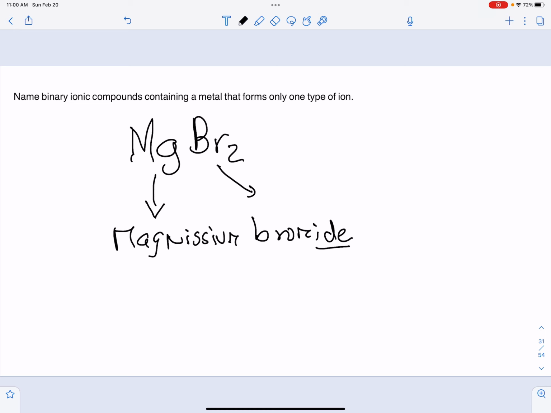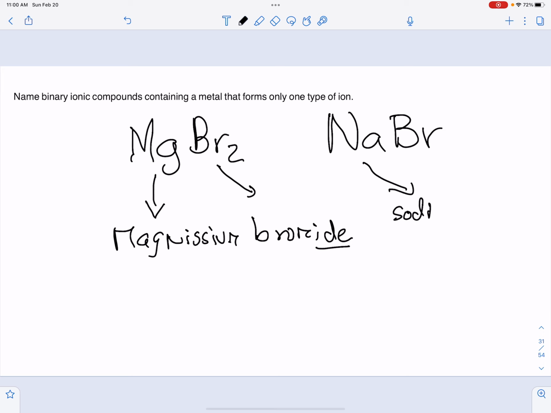Notice that magnesium bromide versus magnesium sodium bromide, the IDE on both of them tells me that I'm talking about compounds.